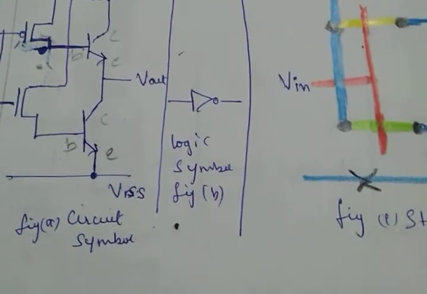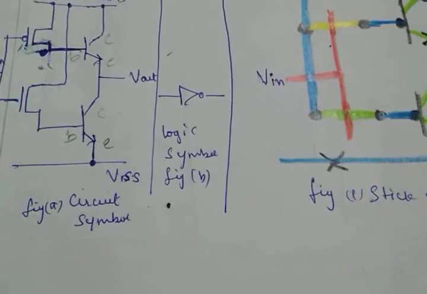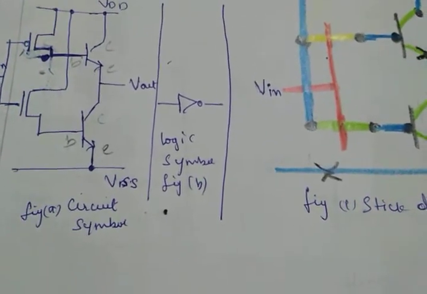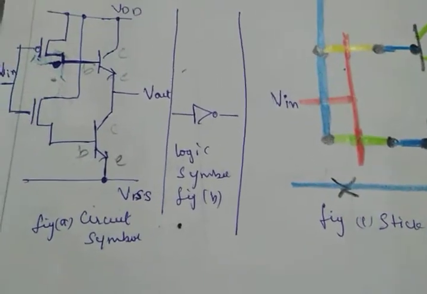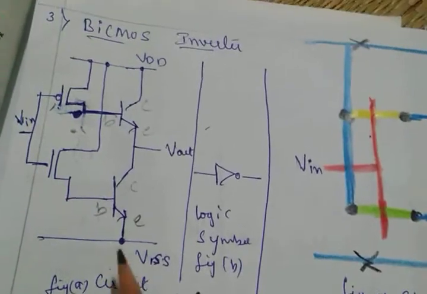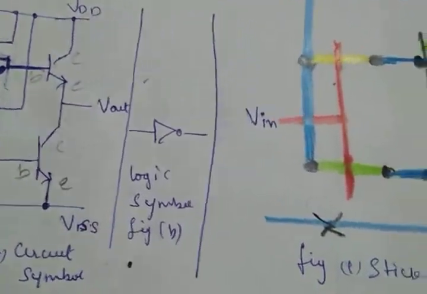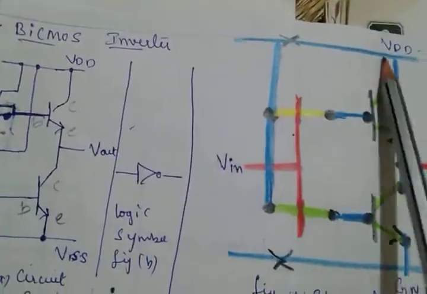Why are these connected to the BJT? Because BJT transistors are mainly used for enhancing the output, so we have to enhance the output, and that is why we consider the BJT. So this is the stick diagram. This is the VDD and this is the VDD.